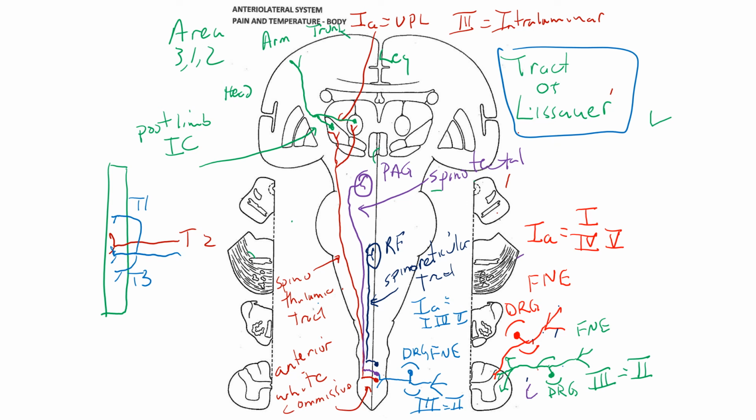So you'll have a template for the spinothalamic tract, a template for the spinal reticular tract, a template for the spinotectal tract. Because when it comes to testing, you will be asked a very precise question, and that question will lead you to only one tract, not all 3.